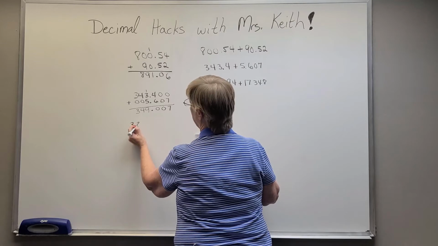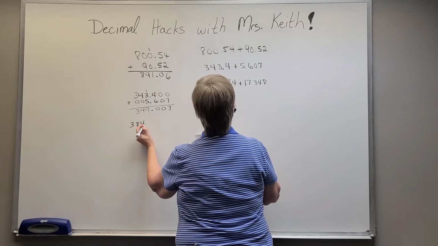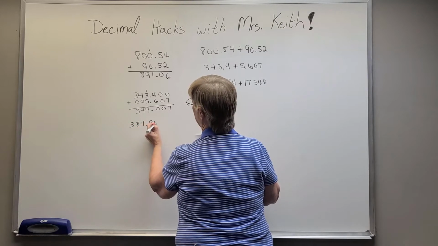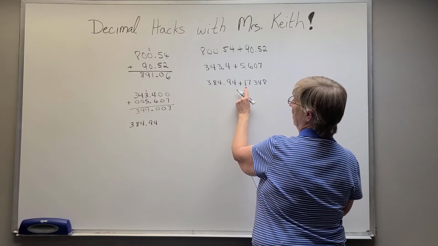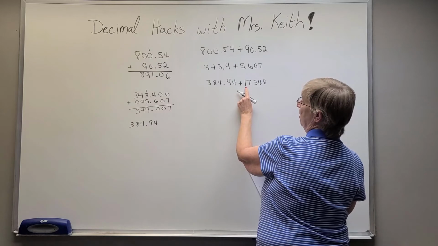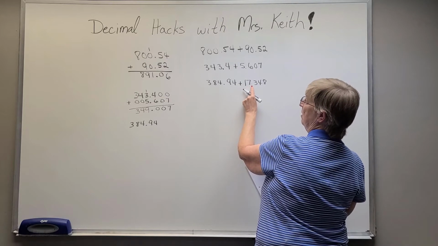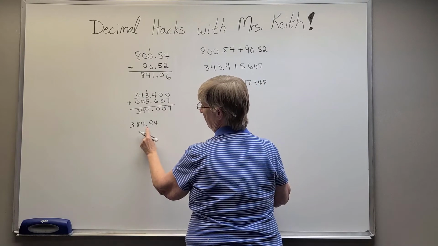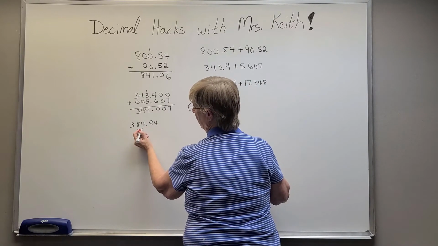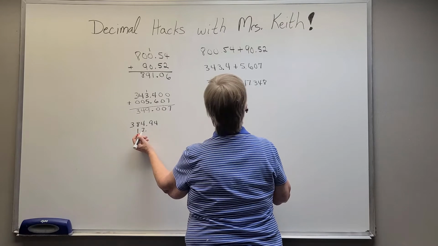So 384.94, and then we put the second one below it, but we've got to look. The first number on the left is 2 places to the left of the decimal. So over here we want to go 2 places to the left of the decimal to line up. So I put my 1 there and my 7 there.